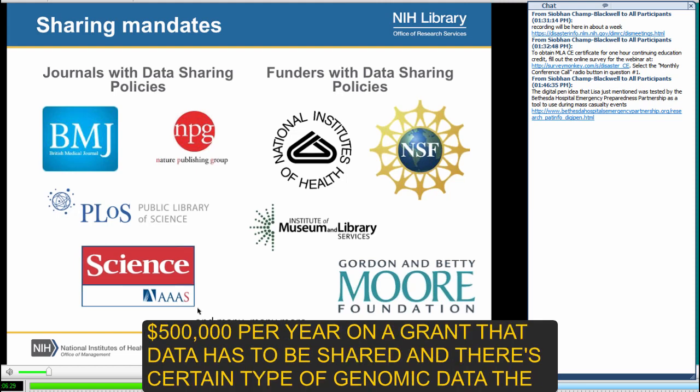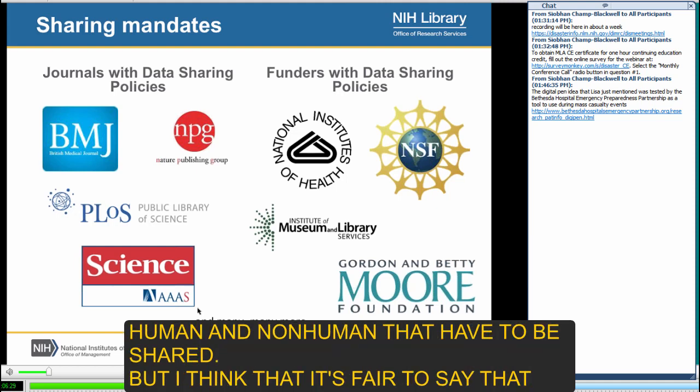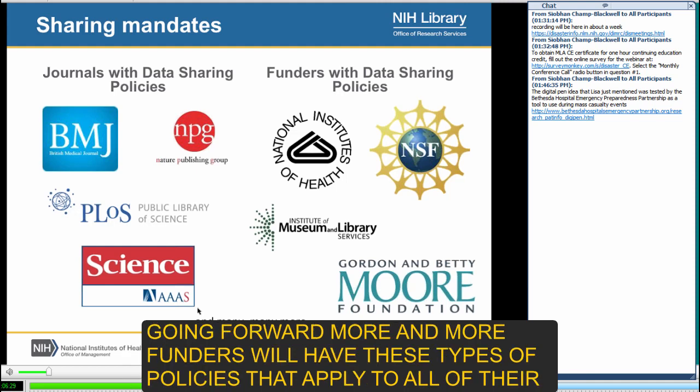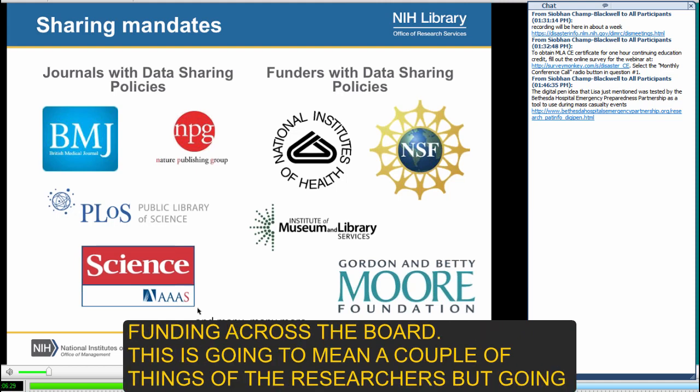So if you get more than $500,000 per year on a grant, that data has to be shared. And then there are certain types of genomic data, both human and non-human, that have to be shared under the genomic data sharing policy. But I think it's fair to say that going forward, more and more funders will have these types of policies that apply to all of their funding across the board.